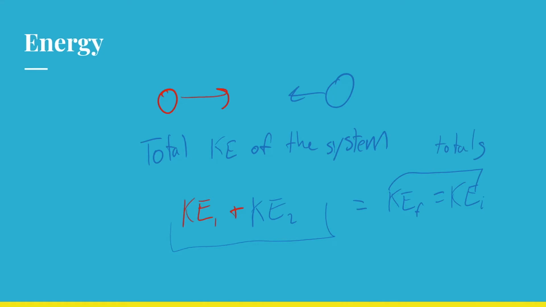Okay, so that's energy. It is important to know. We're going to be doing another lab that uses energy a lot more. But for this week, the main thing we need to focus on is momentum. Momentum is super important. In fact, Newton's second law, F is equal to ma, is actually a simplification.